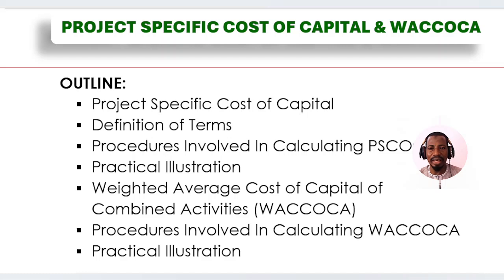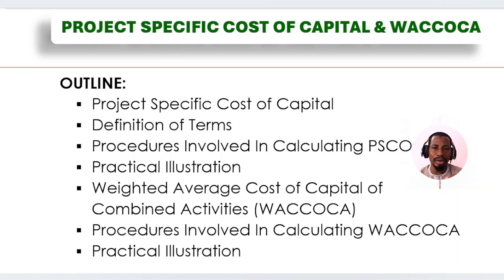I will take it again. So you are going to calculate project-specific cost of capital if it can be ascertained that the company is diversifying into a new industry, or the debt equity proportion of the company is expected to change as a result of undertaking a project.